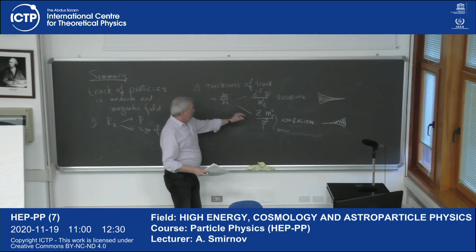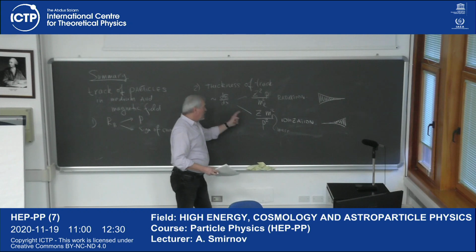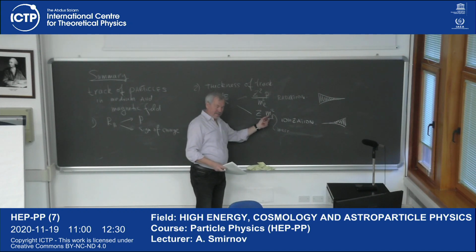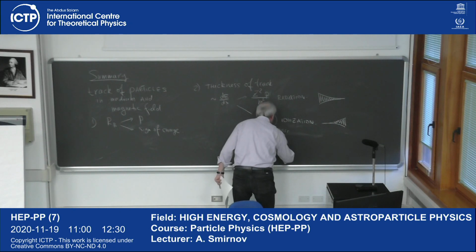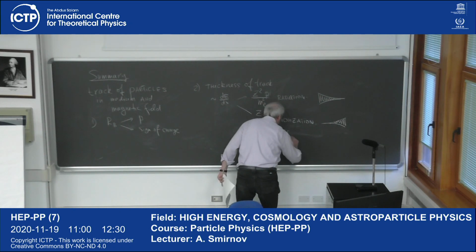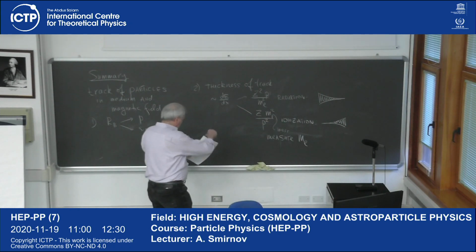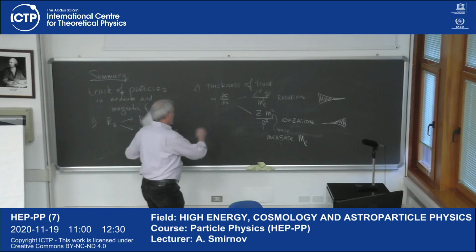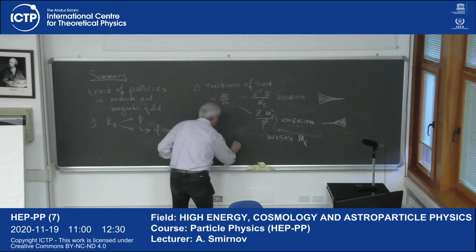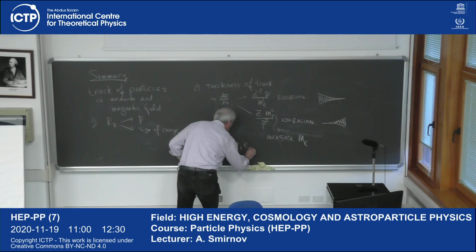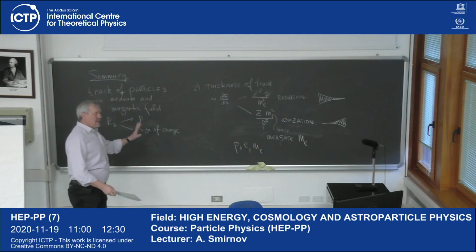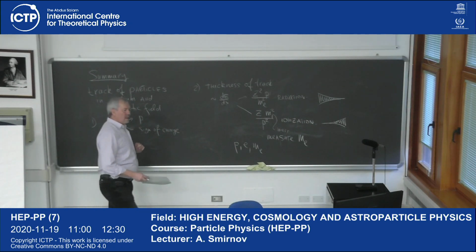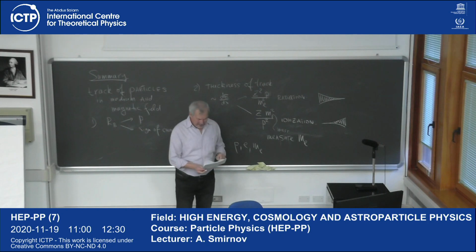And then using these formulas for the energy loss, we can measure the mass of the particle. So, using these tools, we can find p, electric charge, and the mass of the particle. And in fact, already with this, we have good identification features of the particles.